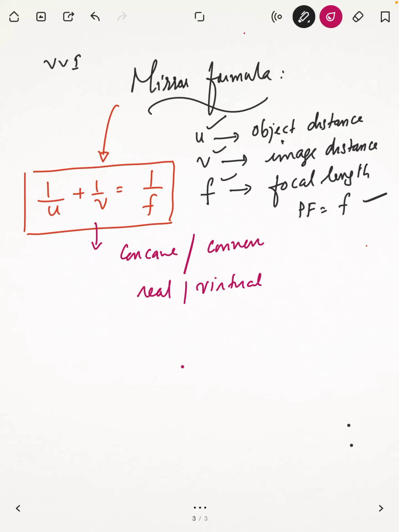But the importance goes to this: whenever we substitute the values of U, V, and f in this equation, we have to give sign as per sign convention.